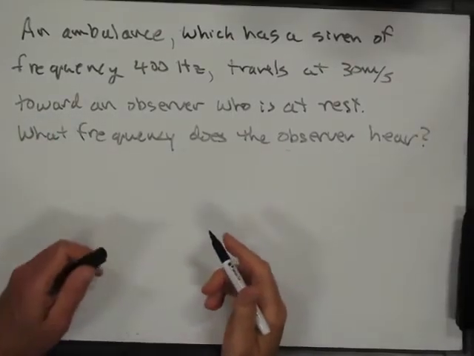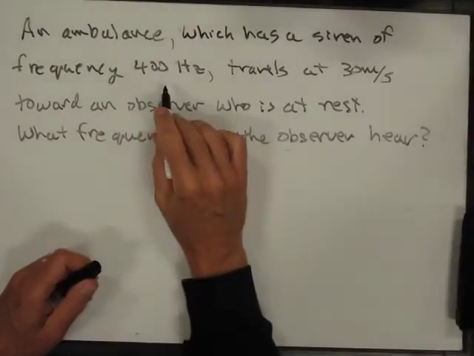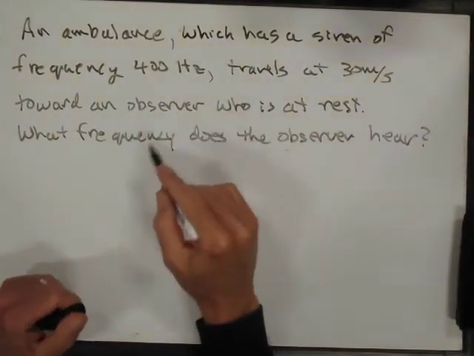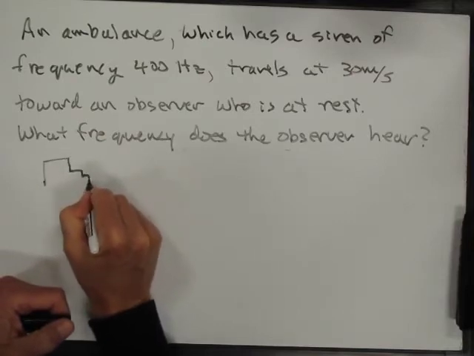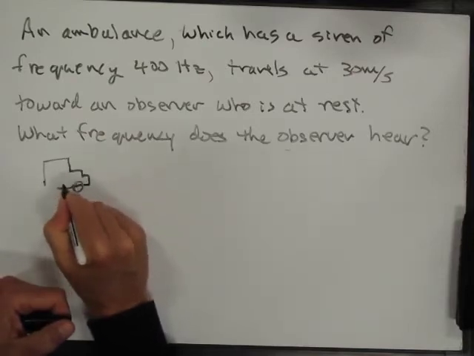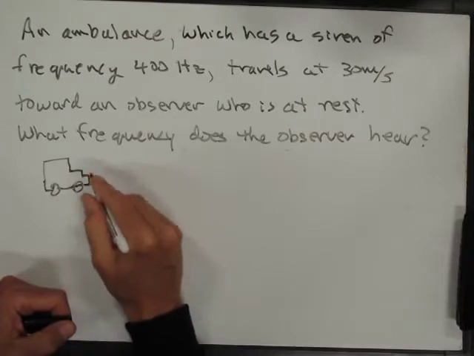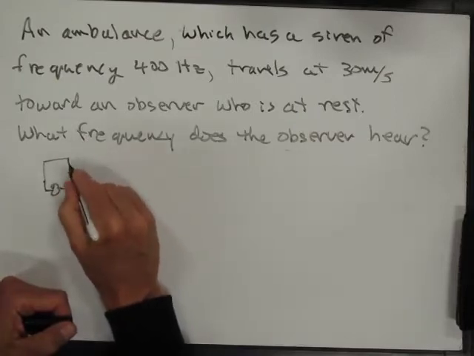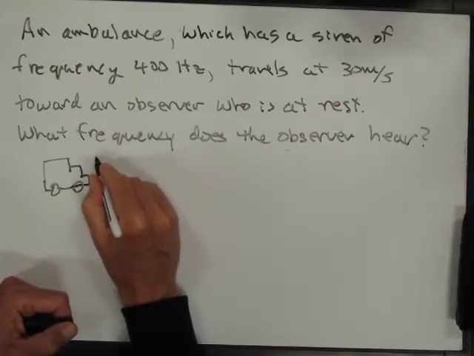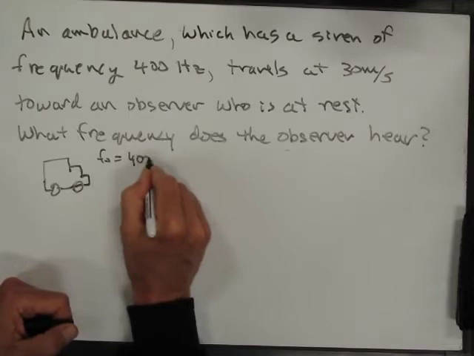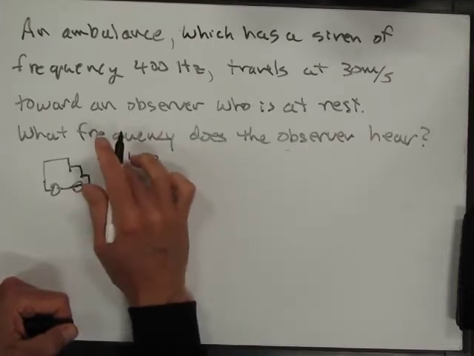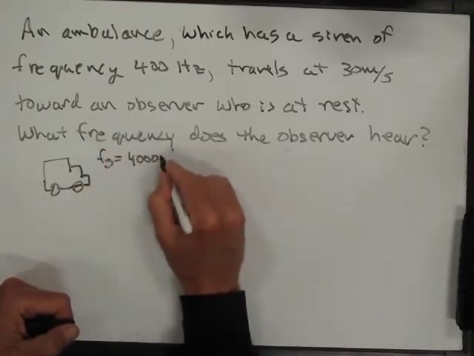So an ambulance, which has a siren of frequency 400 hertz, travels at 30 meters per second towards an observer who is at rest. So here's my ambulance. Maybe I should have a little taller cab in there, maybe like that. So it's playing a frequency, f source is 400 hertz.